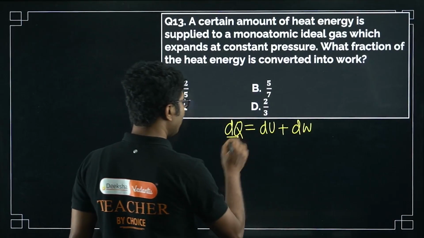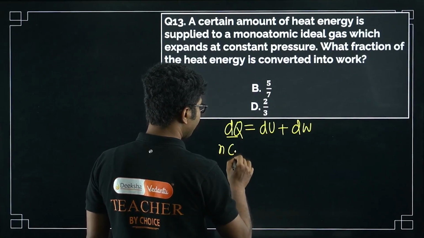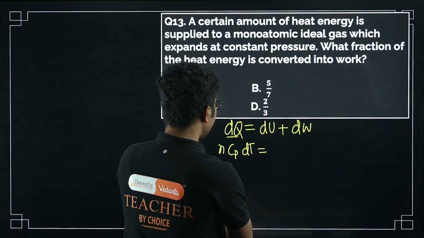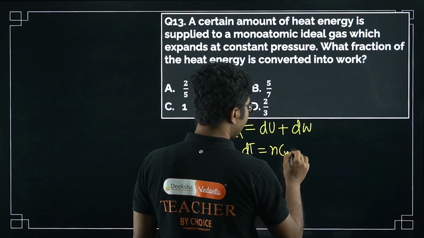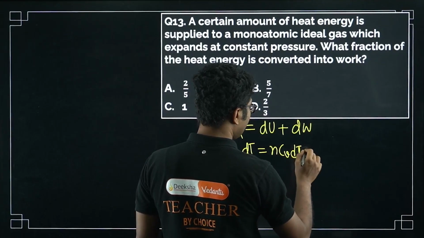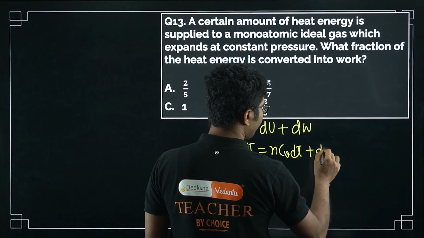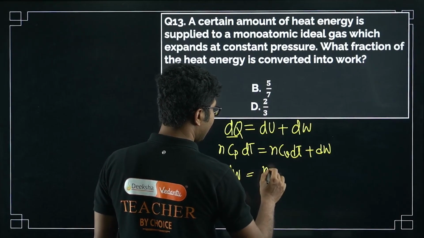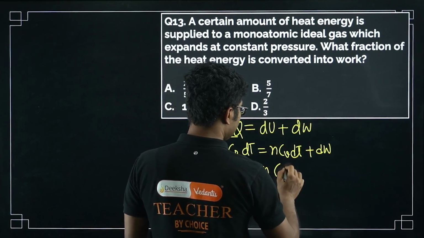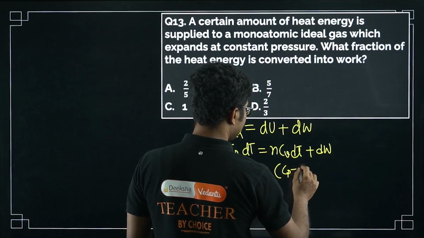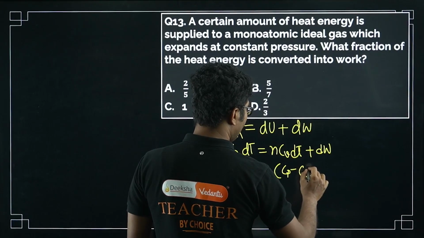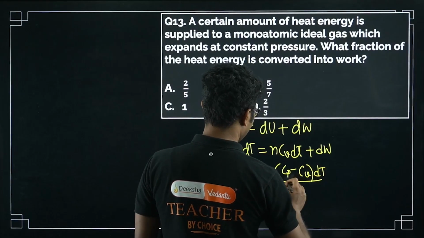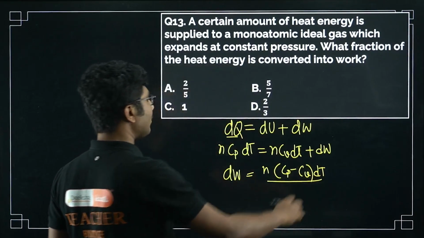Now what is dQ? dQ is n Cp dT, and dU is n Cv dT, right? And dW we don't know. So dW is equal to n (Cp minus Cv) dT. So this is the value of dW.